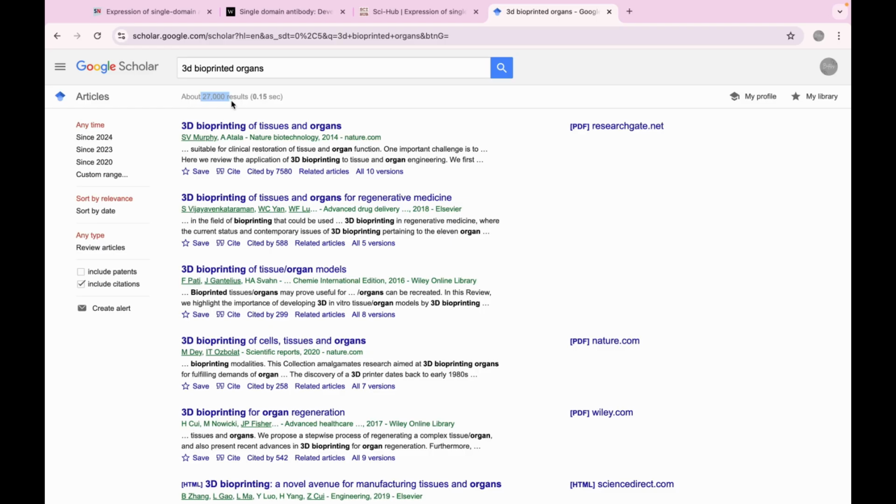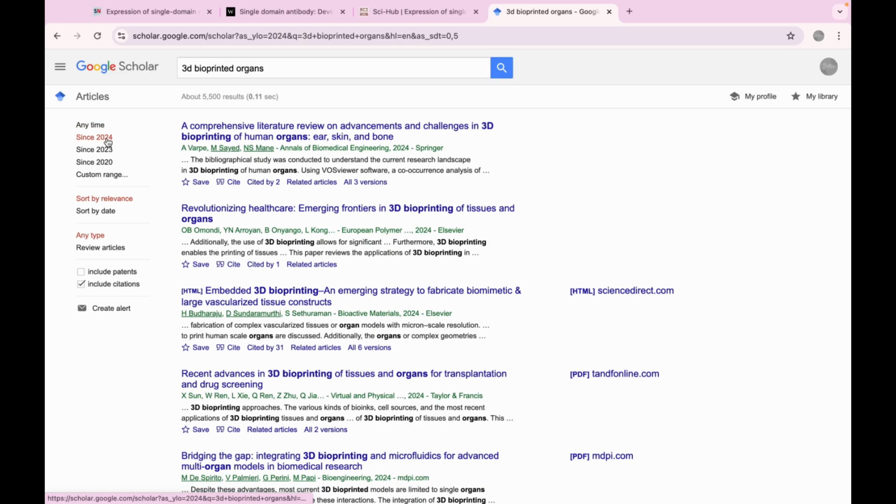See, you get less, and in 2024 only 5,000 people are talking about 3D bioprinted organs. It is a very emerging technology, right? Each year researchers are working on it, but again, fairly less than what we were talking about. It is newer to biotechnology, that is why there are fewer papers and fewer people know about it.